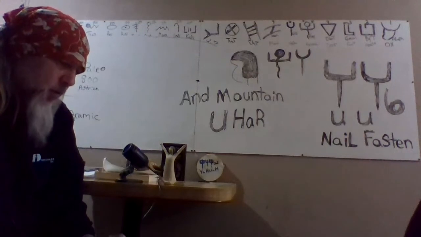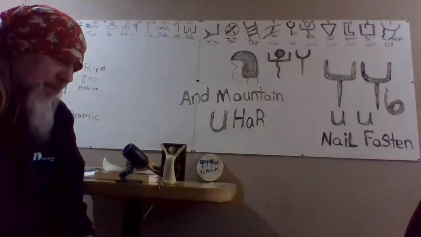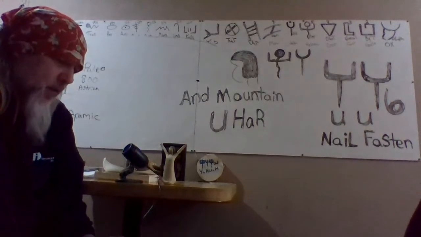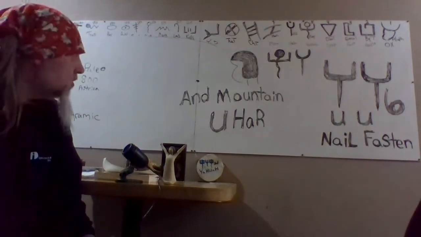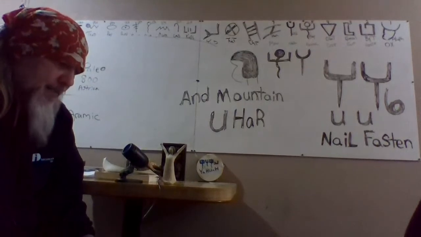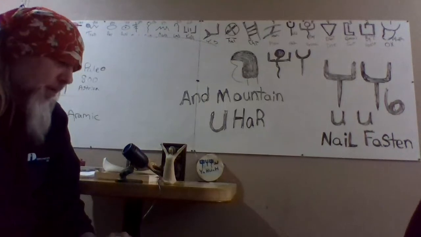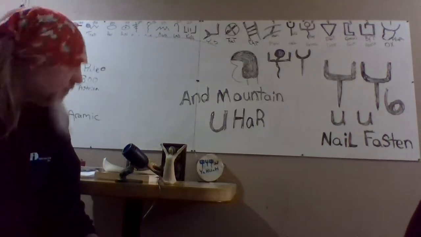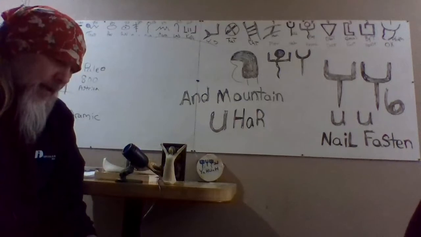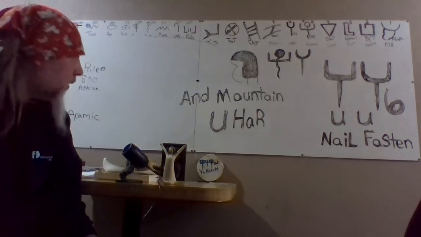The pictograph U represents a tent peg with the idea of joining or attaching things together. The tent peg is a U-shaped wooden peg which is driven into firm soil. The tent ropes were attached to these pegs, and the U shape prevents the rope from slipping off the peg. The peg or nail is also the word hook.